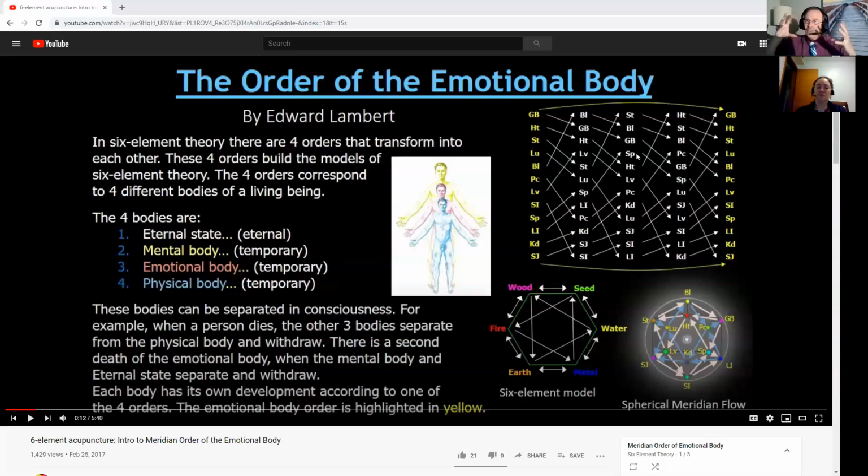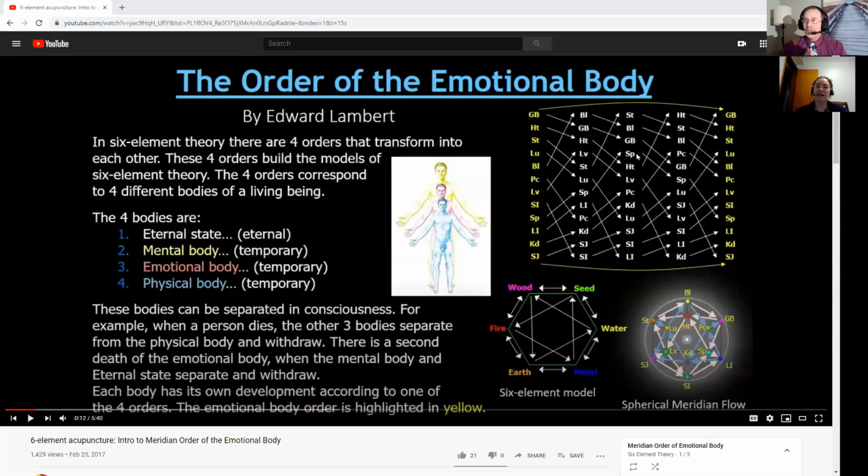This is the nature of the emotional body. It's a reality, it really exists. But we have to understand the emotions, how we can actually develop our emotions to the point where we're able to live and experience all the challenges of the world and survive.